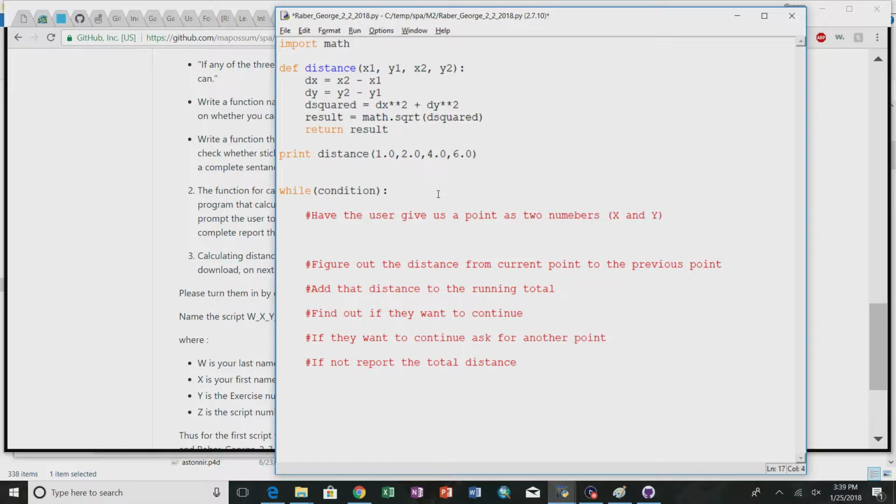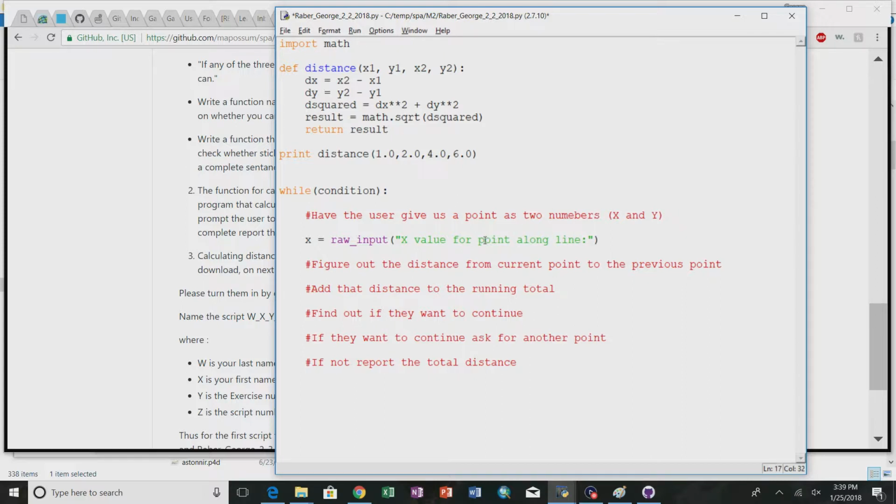We've done that before. We could just say x equals raw_input, x value for point. There we go.